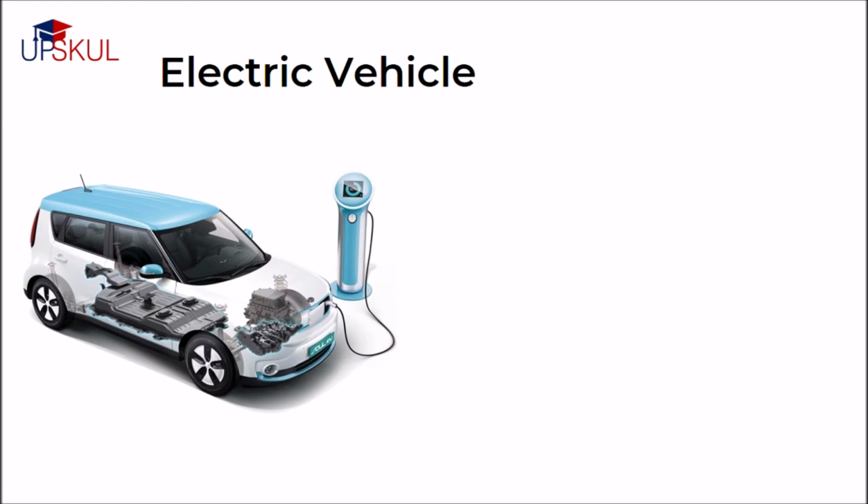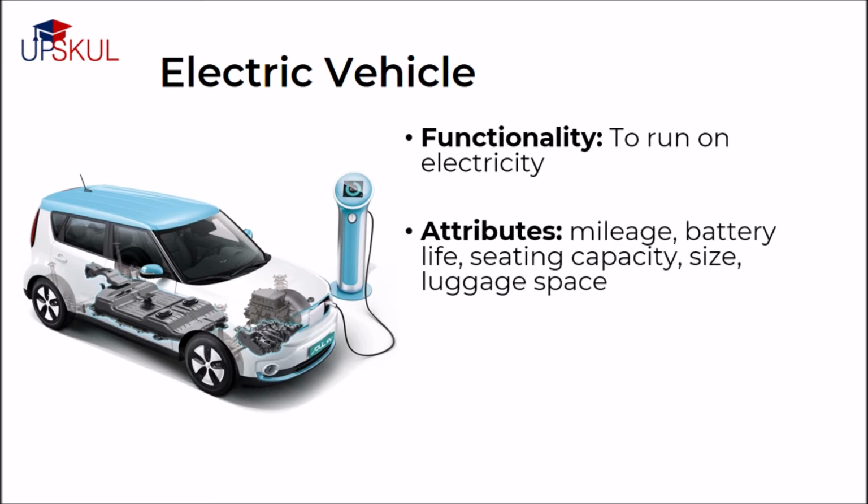Now let us take another example, the electric vehicle. The basic purpose of existence of electric vehicles is to save petroleum and replace the fuel tank with electricity. Next come the general features that everyone looks for. What is the mileage? How long does the battery last?